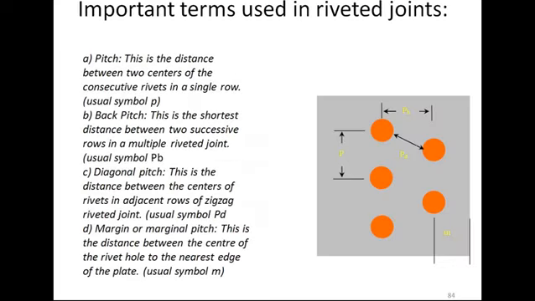There are mostly two types of joints: permanent and non-permanent. A non-permanent joint can easily be disassembled and assembled again. But a permanent joint like a riveted joint cannot be disassembled or dismantled easily. So whenever you want to make a riveted joint, you always need to keep in mind whether a permanent or non-permanent joint is required. That is the most important factor to keep in mind.